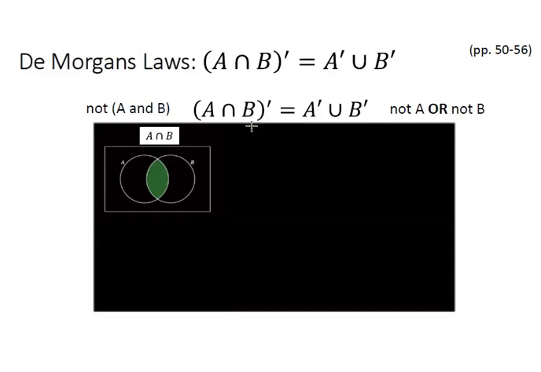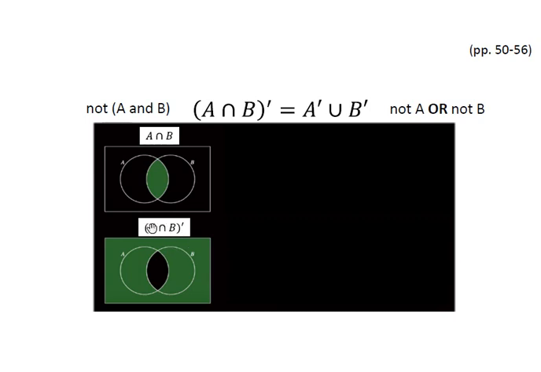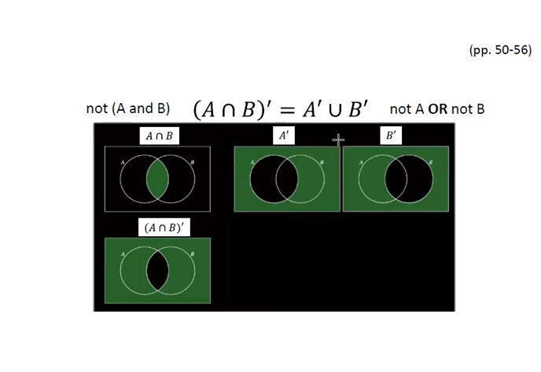And for the second law, we start again with the left hand side. We need the intersection of A and B. It's this area, and then the complement of this region. It's this green region here. And now we are going to draw a Venn diagram for the right hand side.